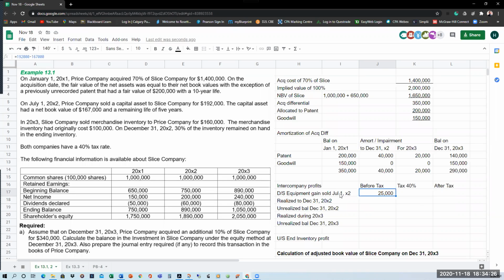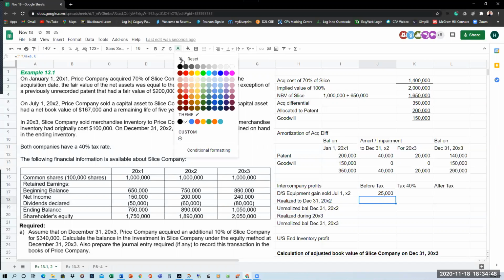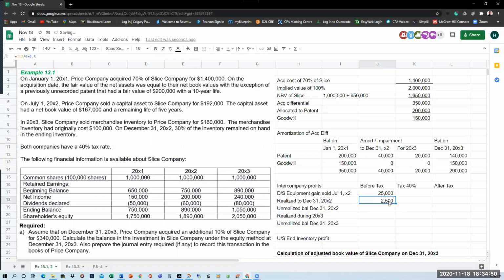So from July 1st, 2002 up to the end of 2002, 1/5 of 25,000 is $5,000 for the full year. From July 1st to December 31st is 6 months, half a year. So half of 5,000, the amount realized up to the end of 2002, is 2,500.